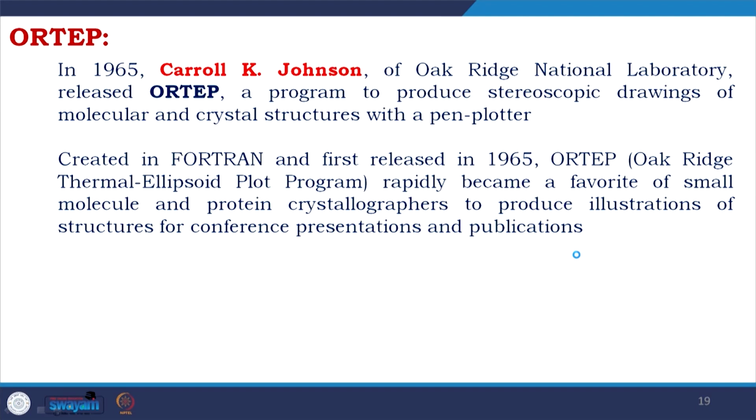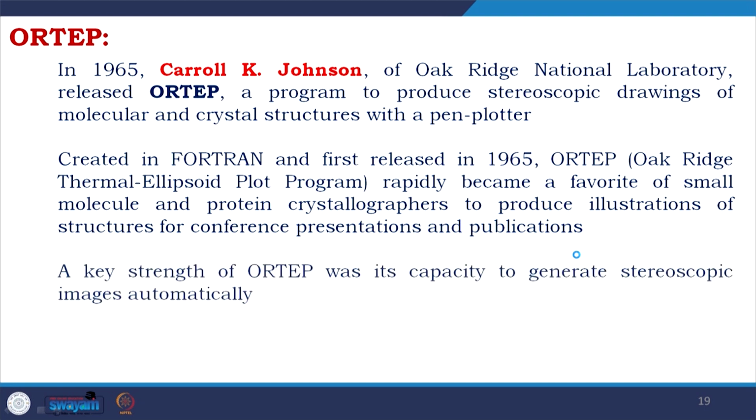Created in Fortran and first released in 1965, ORTEP, Oak Ridge Thermal Ellipsoid Plot Program, rapidly became a favorite of small molecule and protein crystallographers to produce illustrations of structures for conference presentations and publications. A key strength of ORTEP was its capacity to generate stereoscopic images automatically.